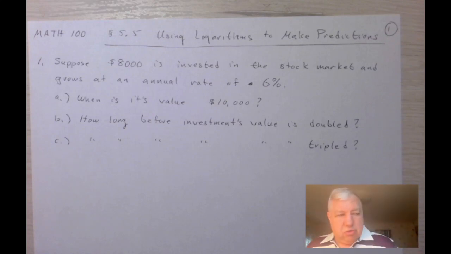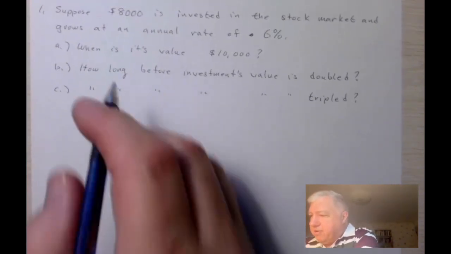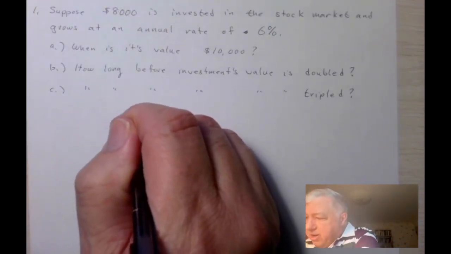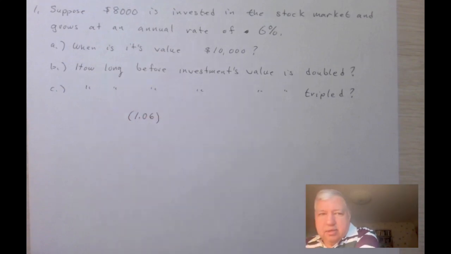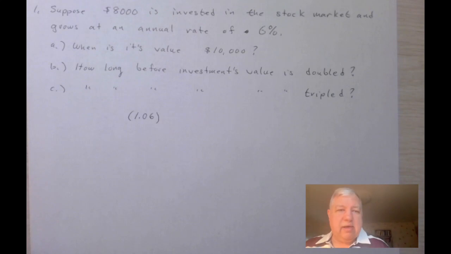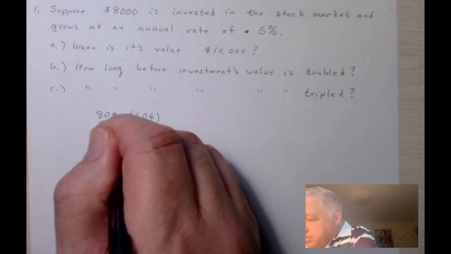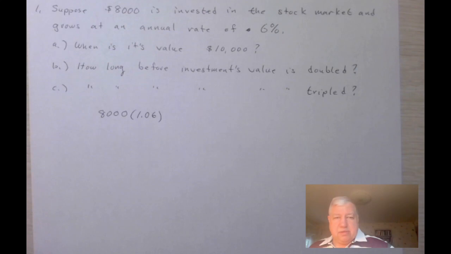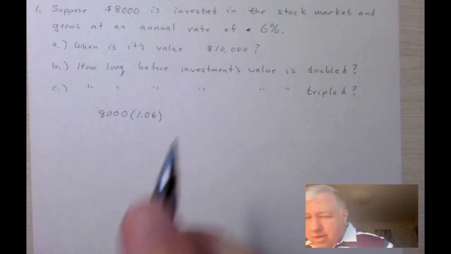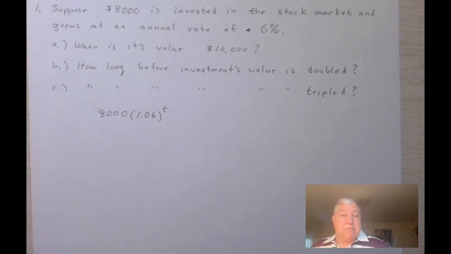Let's review the equation for this. Because we know that increasing something by 6% is the same thing as multiplying it by 1.06, increasing 8,000 by 6% after t years gives the value after t years.